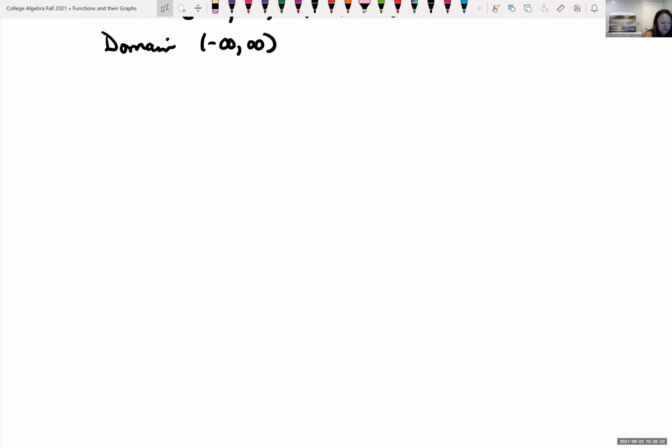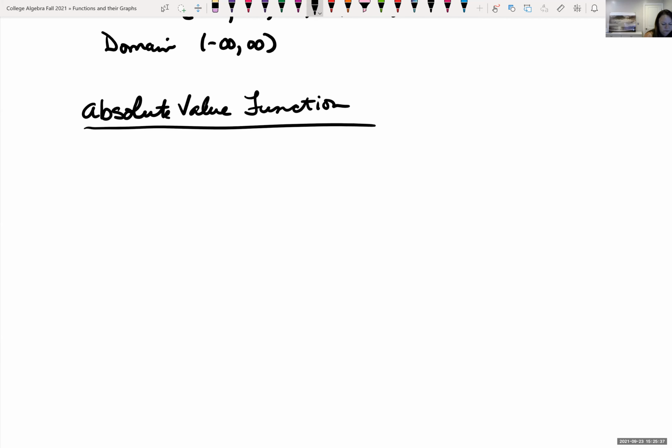So one other function you need to be familiar with is the absolute value function. So f of x equals the absolute value of x.